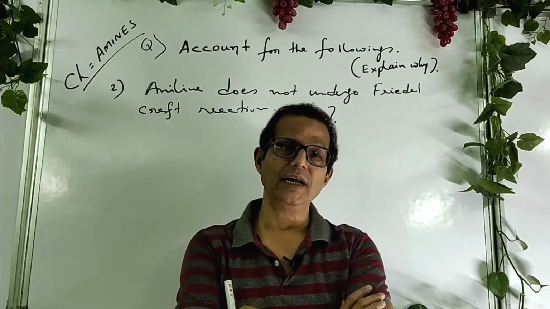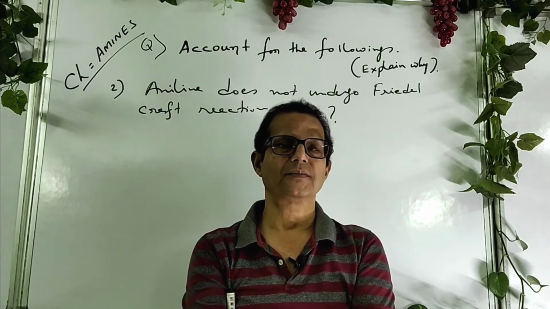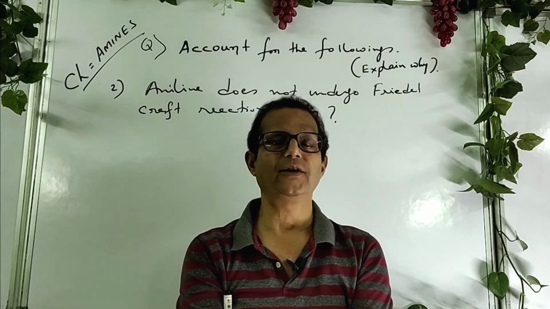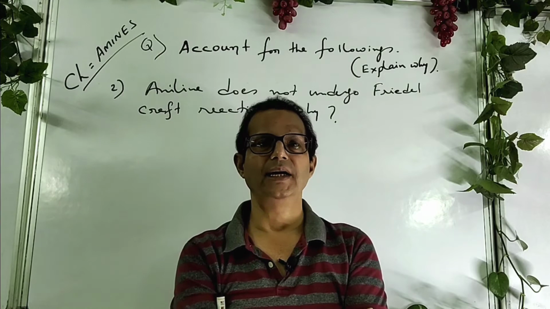Actually, aluminium trichloride in Friedel-Crafts reaction acts as a halogen carrier, that is, it attracts the chlorine atom from alkyl halide or acyl halide.